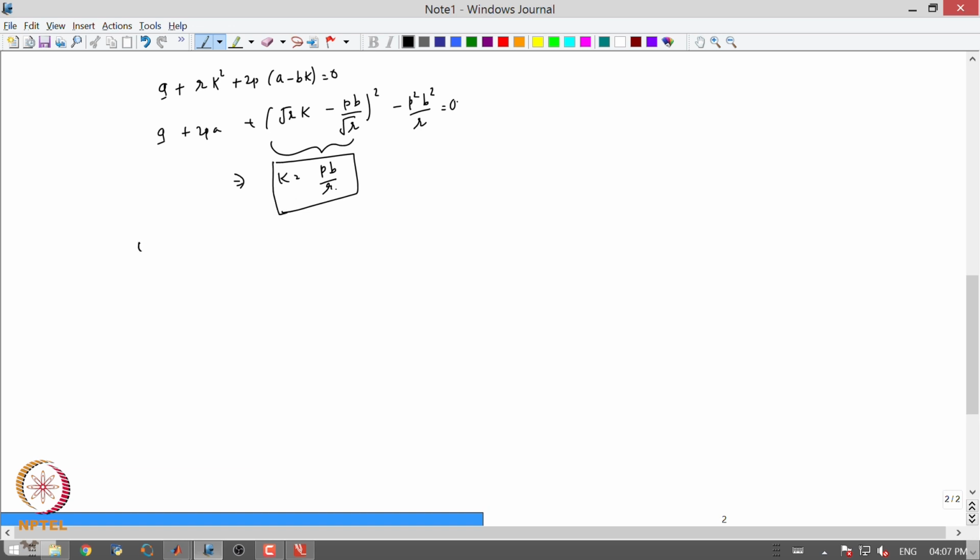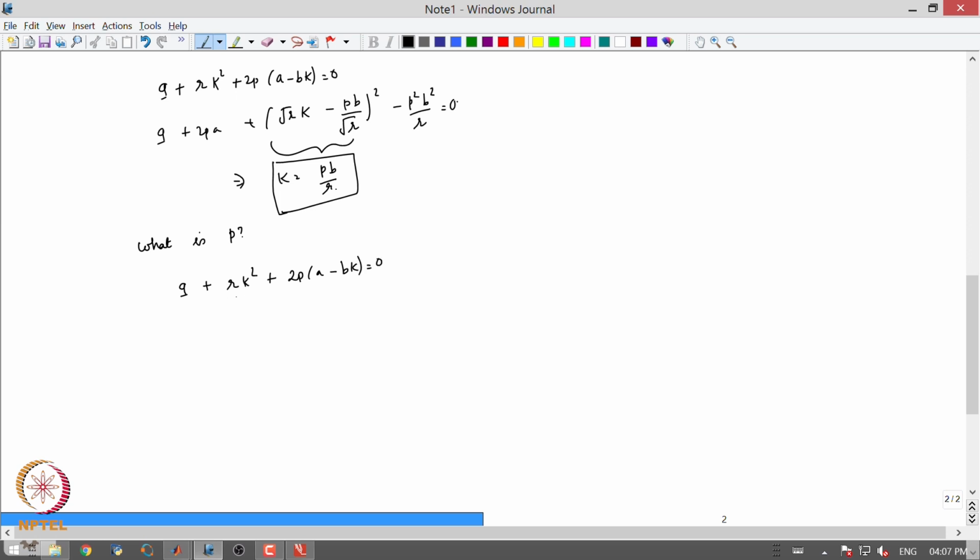Now, what is the value of p? To find k, I need to find what is p. Now, p can be found by substituting in this equation q plus r k square plus twice p a minus b k equal to 0.